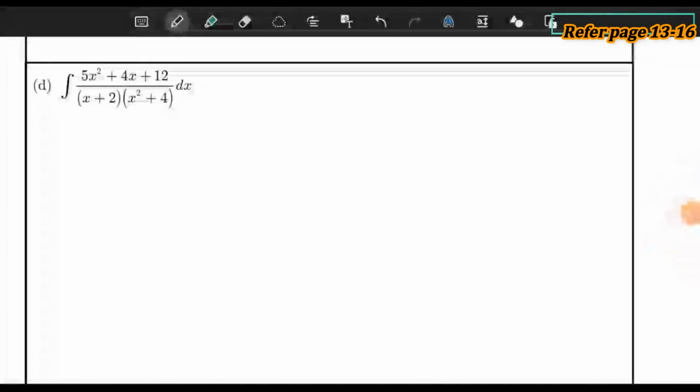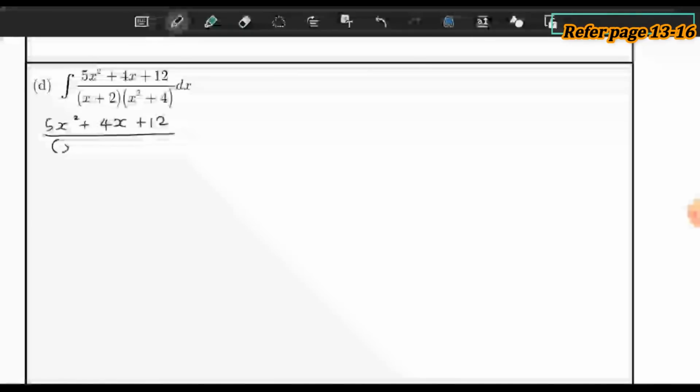For part D, we have 5x squared plus 4x plus 12 over x plus 2 times x squared plus 4. X squared plus 4 is a quadratic factor that cannot be factorized anymore. So we will proceed to use the quadratic factor.